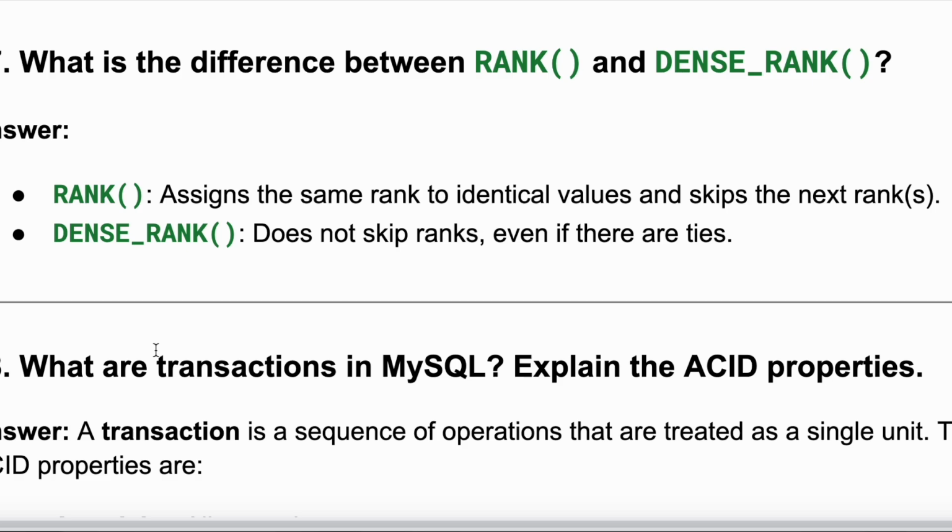And there is another, called row number, that is also a very handy window function. The rank function is used for assigning the same rank to identical values, and it will skip the next rank if the value is the same for two rows. But in dense rank it does not skip the rank even if there are ties.